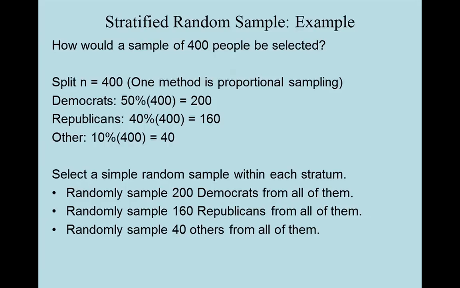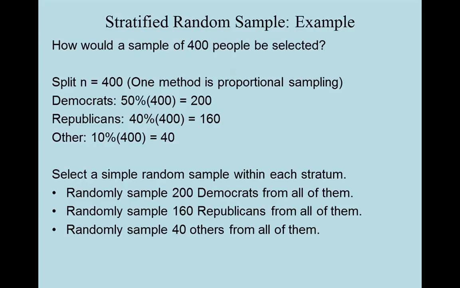Now split the 400, and one method is proportional sampling. So Democrats were 50% of the population, so 50% of the sample of 400 would be 200 Democrats. Republicans, which were 40% in the population, so 40% of 400 would be 160 Republicans, and other, 10% of 400 is 40.